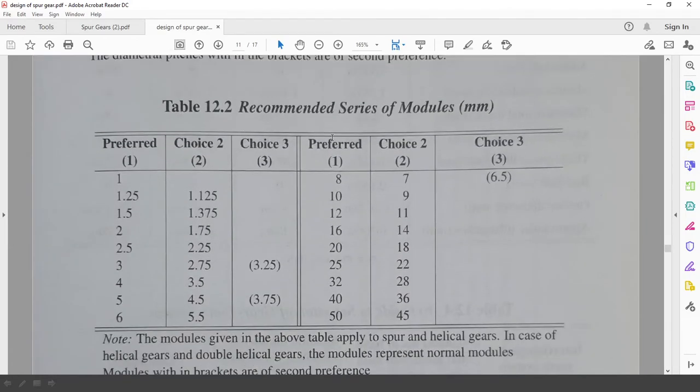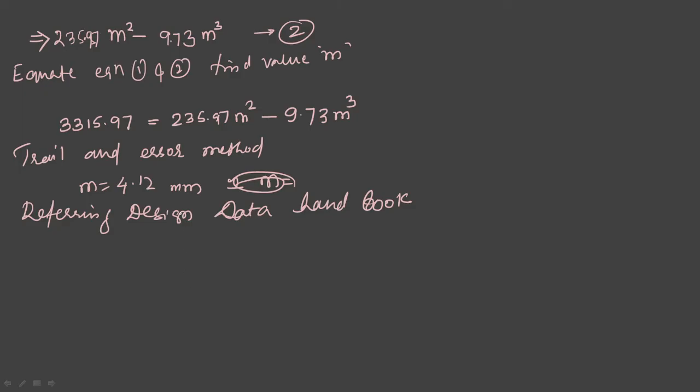Now refer to table number 12.2 here. Here you have three choices: one is preferred, another is choice 2, another is choice 3. The available module is 4.5 here. You got 4.12.